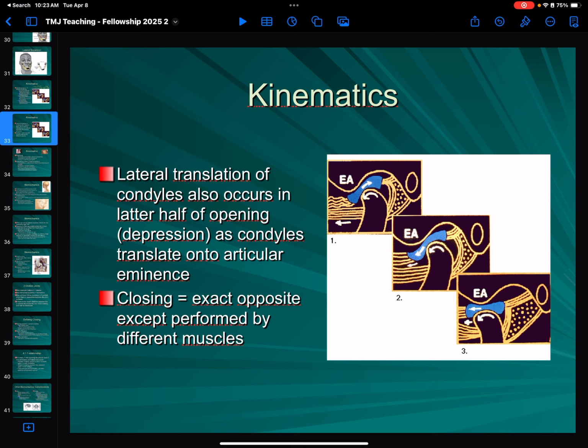Is that clear? Question: if they're opening, you're feeling it go down, then it comes out, that's the proper kinematics, versus if it pops out right away. Yep, exactly. So for most people, tongue at the roof of the mouth opening teaches pure rotation, and that is one of the treatment approaches.